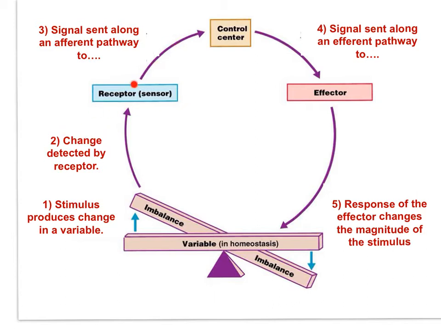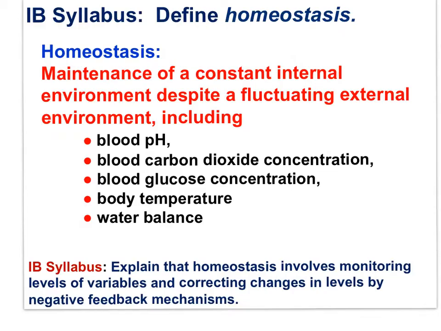The signal is sent along an afferent pathway, a pathway leading toward the central nervous system. Then a signal is sent along an efferent pathway, a pathway leading away from the central nervous system, to an effector that reverses the initial change as a result of the stimulus.